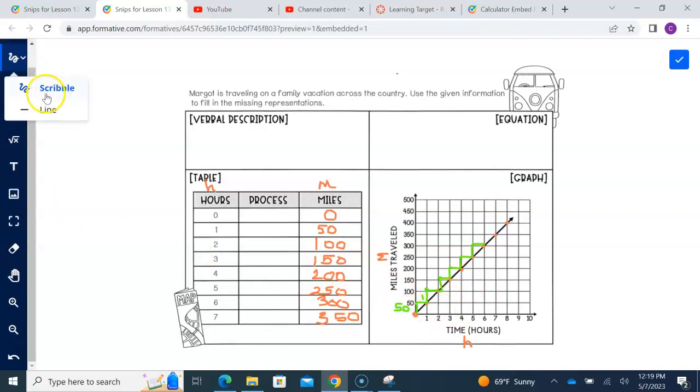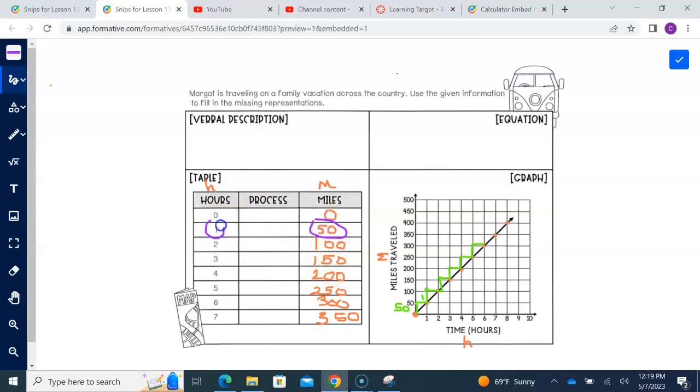Just to make another connection, change colors here. This is an equivalent fraction table. So when I set these up as fractions, 50 over 1, 100 over 2, 150 over 3, they all reduce to 50 to 1. So that's why we see this constant 50 to 1 pattern.